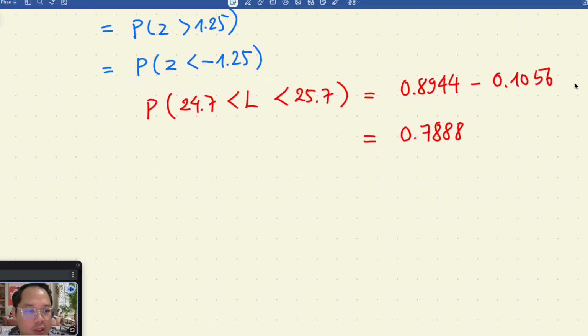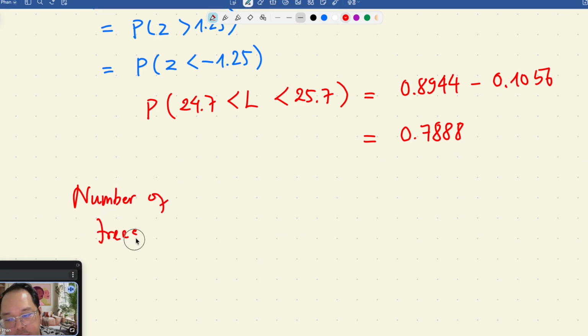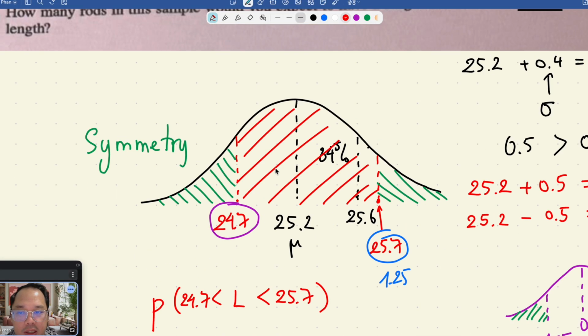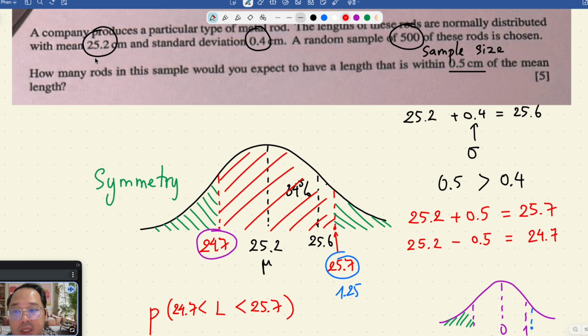This one, red color. And then the last thing, the number of rods that we need to answer, so that the length of those rods is greater than 24.7 and smaller than 25.7. Is it meter? No, a rod cannot be that long, it's centimeter.